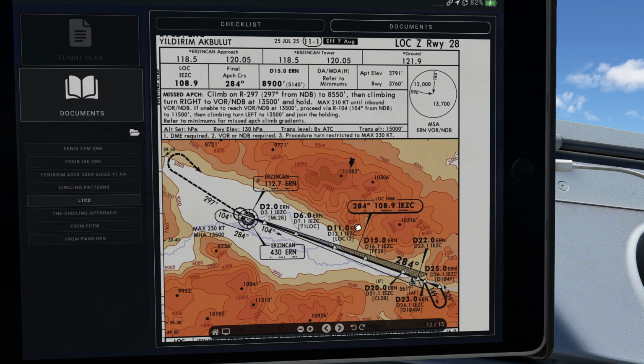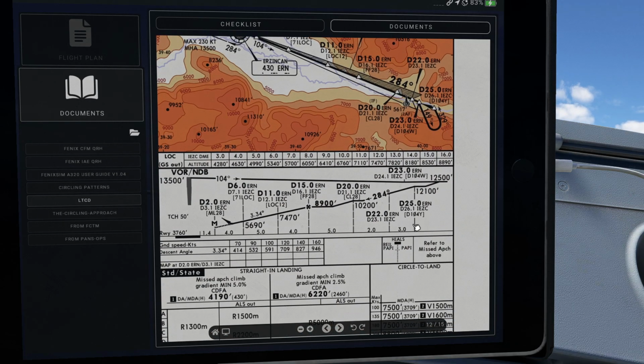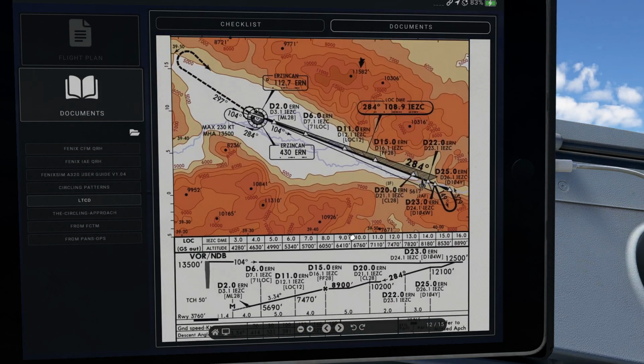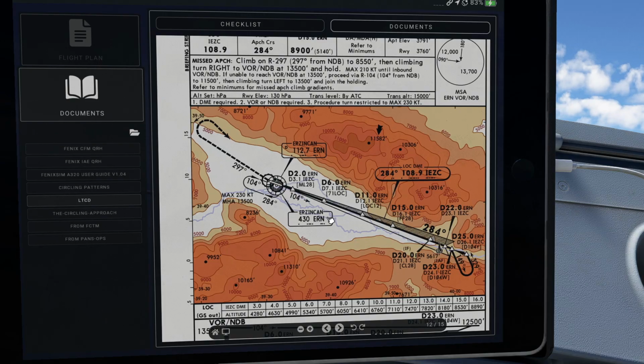Actually, when we want to make a pattern from the north or south of the airport, there is no limitation on direction for making a circle to land procedure at this airport.